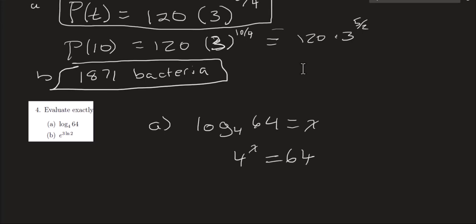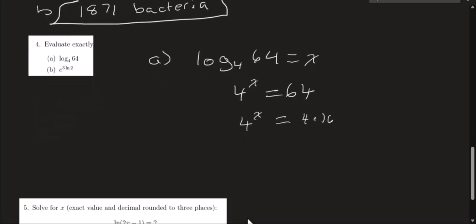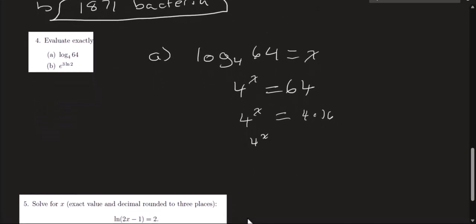So 4 raised to what power is 64? So 64, if you divide it on a calculator, you get that 4 goes into 64 16 times, and then of course 16 is 4 squared. That's 4 times 4 times 4, or 4 to the x equals 4 to the third, or x equals 3.